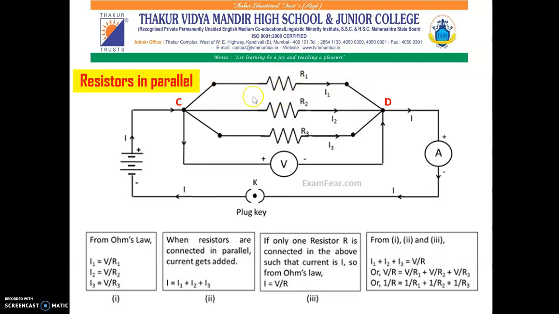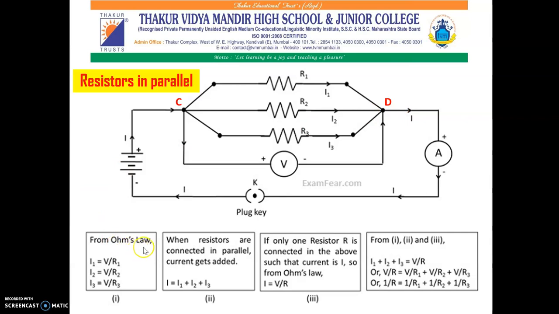Over here you can see there are three resistors R1, R2 and R3 and their ends are connected together at the points C and D. The potential difference between the two points C and D is V and the current I is flowing through the circuit, but through these three different resistors the current will be different. That is I1 through R1, I2 through R2 and I3 through R3.